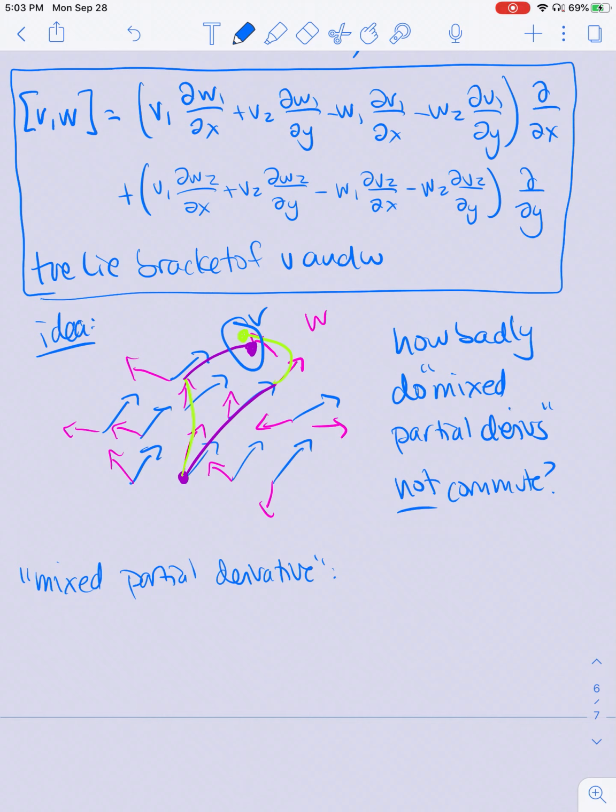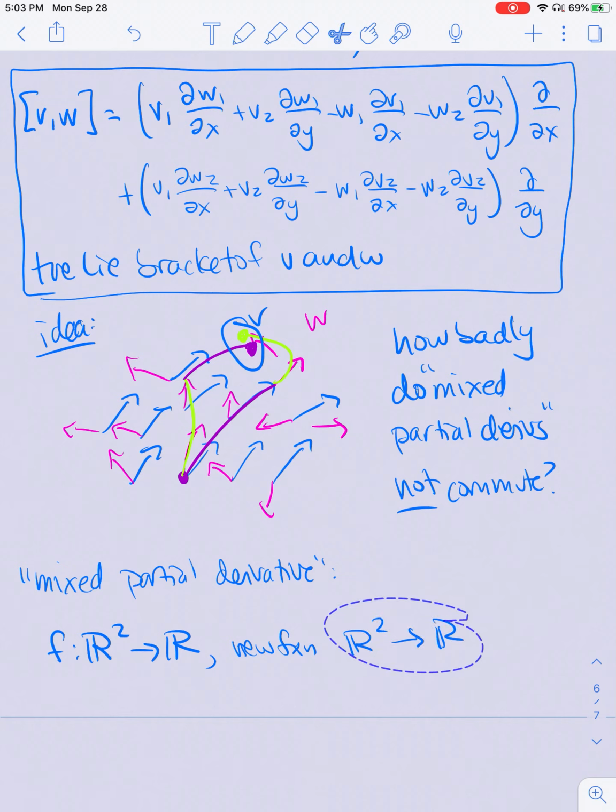Well, if I have a function, say I have a function f from, we're doing the example of R2, so let's just stay on R2. From R2 to R, then I can get a new function, which goes from R2 to R, and I'm going to call it VF, so V applied to F, because I can take a point P and send it to V at P applied to F. Take the directional derivative at P in the direction of V of F. So this is a new function.